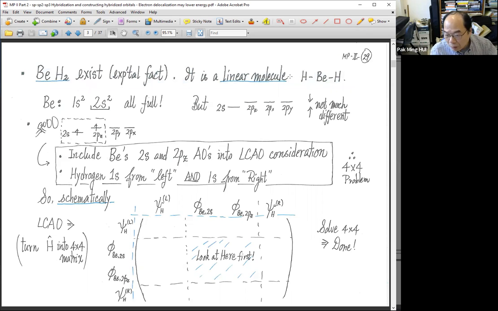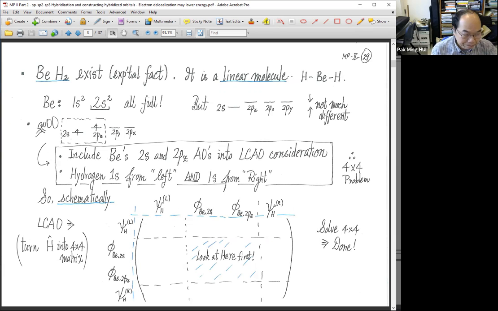So these are experimental facts. Now we want to use our quantum mechanics to understand it. The outcome will be, we will understand, I hope, sp hybridization. It's the mixing of one s and one p atomic state of the same atom, namely beryllium here in our example.